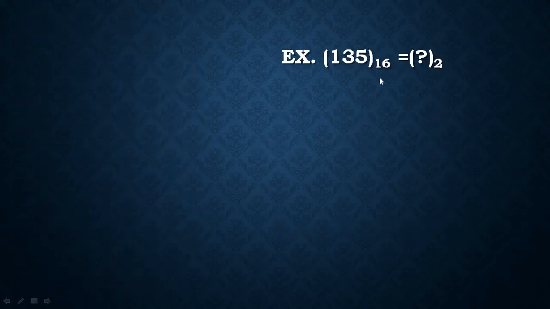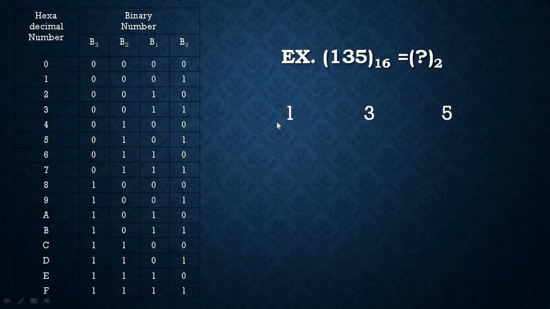Now we have the example 135 to the base 16 to be converted into binary. Again we follow the same steps. We write the separate digits. Again we observe the table. For 1 we get the binary data 0001. We write it here. For 3 we get the binary data 0011. We write it here.